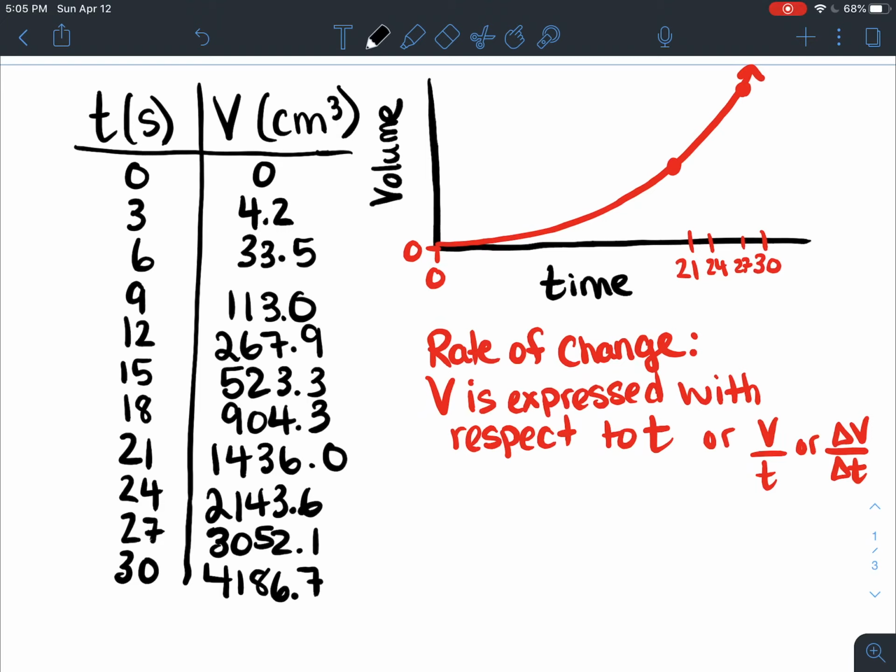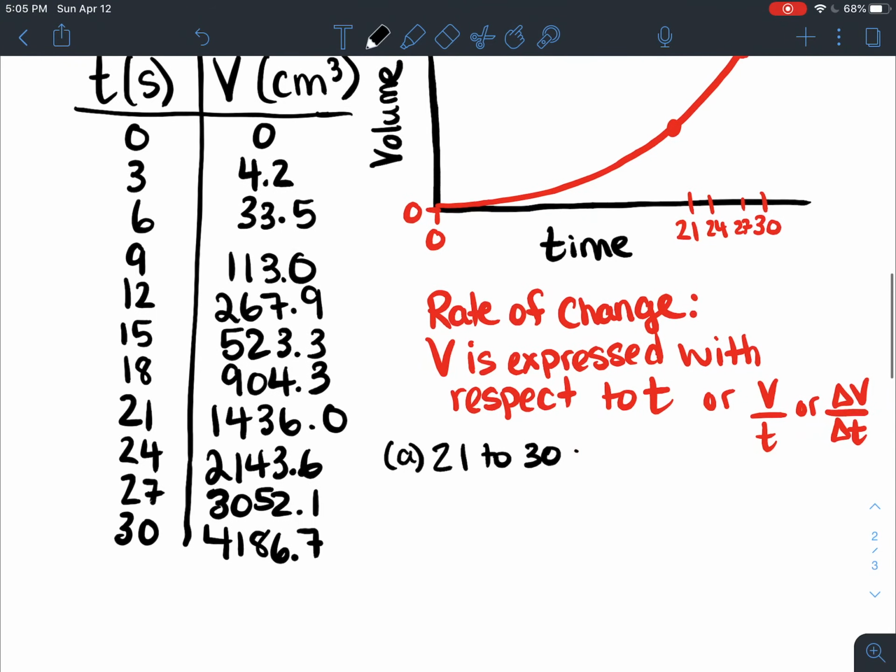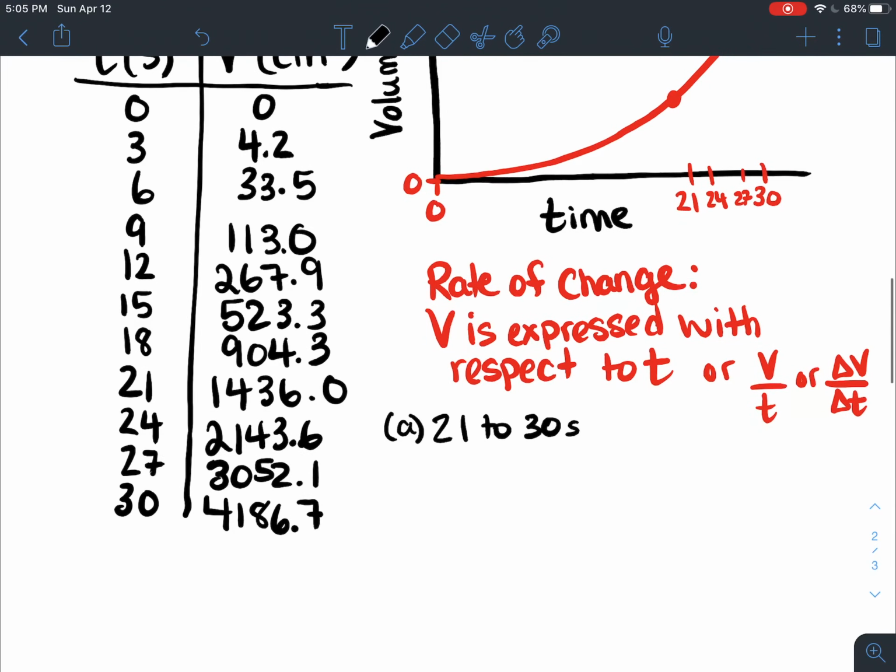Okay, so if we wanted to find the rate of change in the interval from 21 to 30 seconds, those are our t values. So we want to find the average rate of change. So we're doing change in volume divided by change in time.